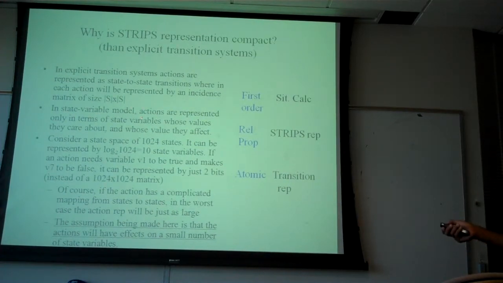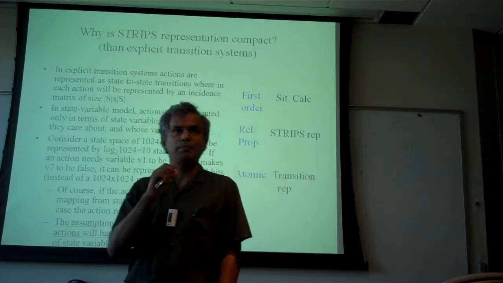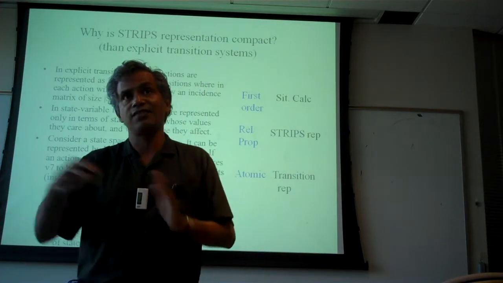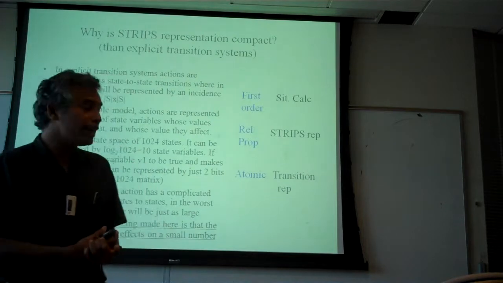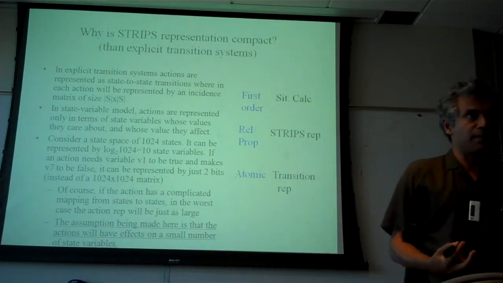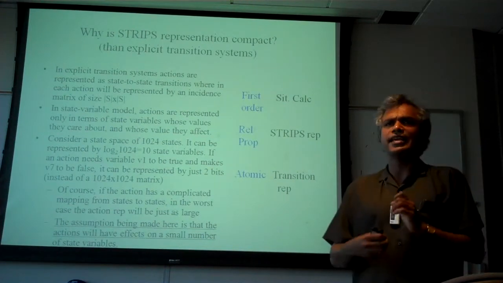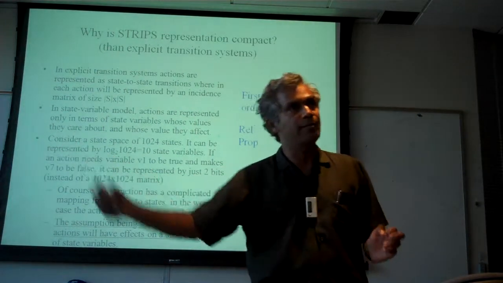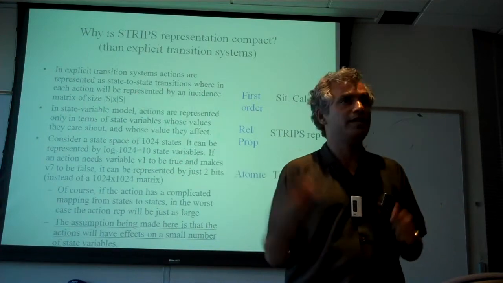One important idea is that actions are now going to be much smaller than S by S matrices, because in the atomic representation all actions are of the same size, S by S. Here you can have actions which can be quite complex but also quite simple. If an action only cares about the value of one variable and changes the value of one other variable, you can do this with just one bit here and one bit here.